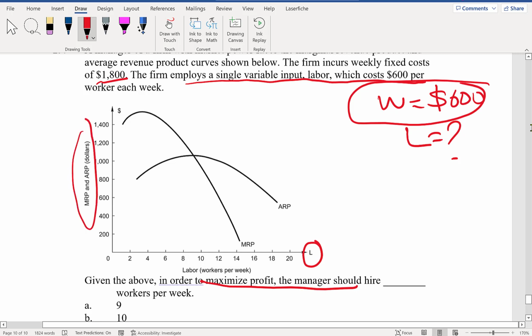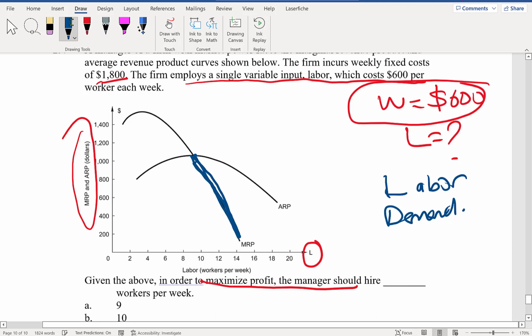This is the marginal revenue product, and this is the average revenue product. So I'm going to show you something. What is the labor demand curve? The labor demand curve is the marginal revenue product curve, but not the entire curve. It is the portion that is downward sloping and also lies below average revenue product. So you are faced with this portion.